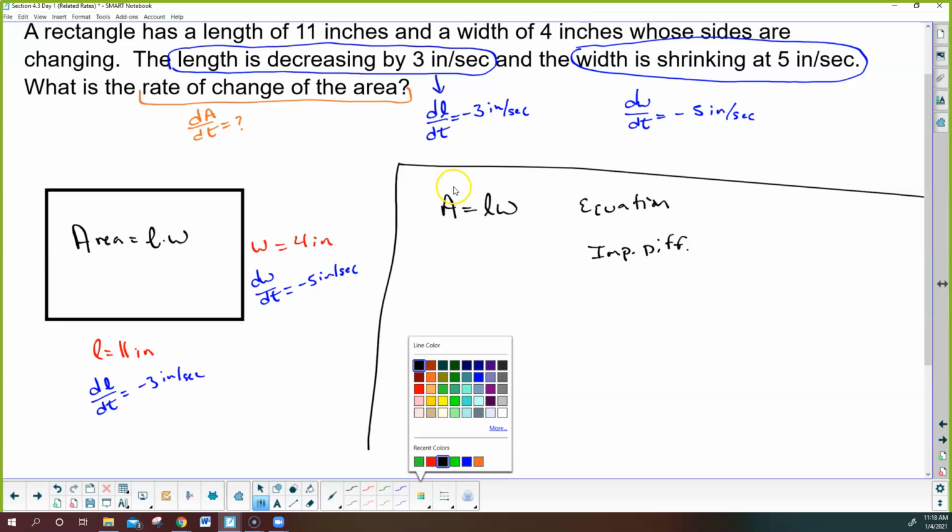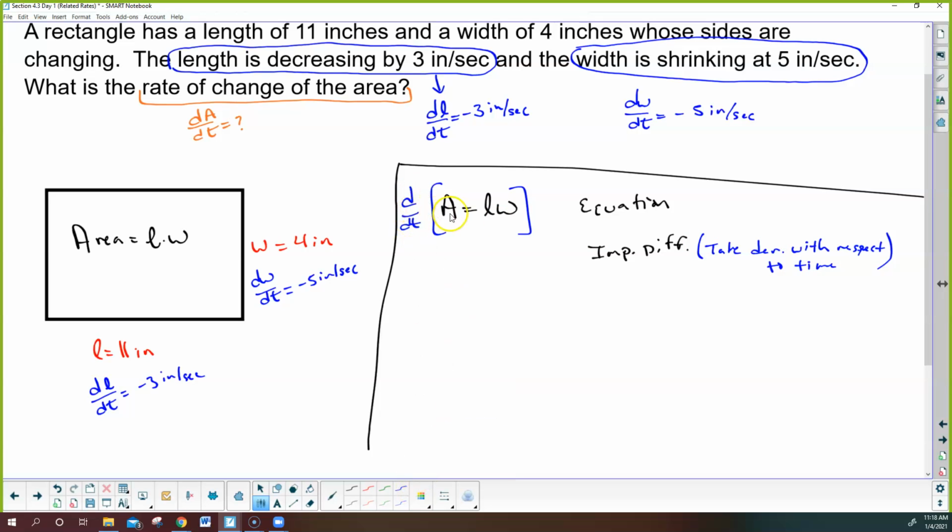Now, notice if I take the derivative of both sides, this is what I could have showed on the warm-up, I'm going to take the derivative with respect to time. So we're going to implicit differentiate, take the derivative with respect to time, right? That's the dt.